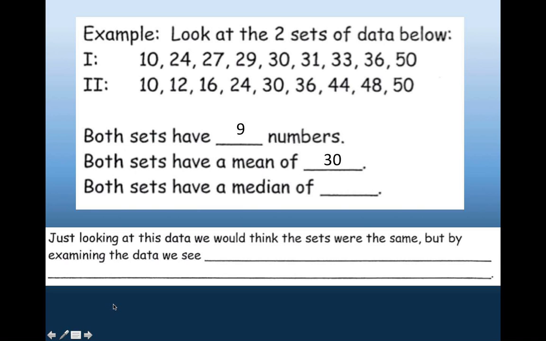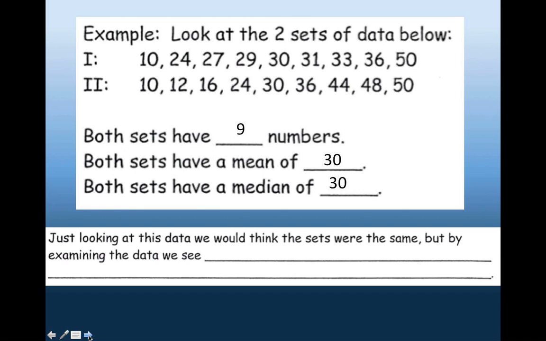If you go through and look at each of the sets, you'll notice that the two middle numbers, the medians of both sets, are also 30. So it doesn't really help us to look at the measures of central tendency here, because both of these data sets are identical. They have 9 numbers, they have an average of 30, and they have a middle number of 30. So just by looking at this, we would think they're the same.